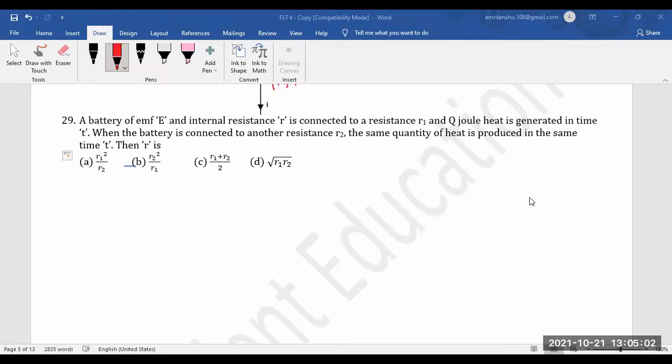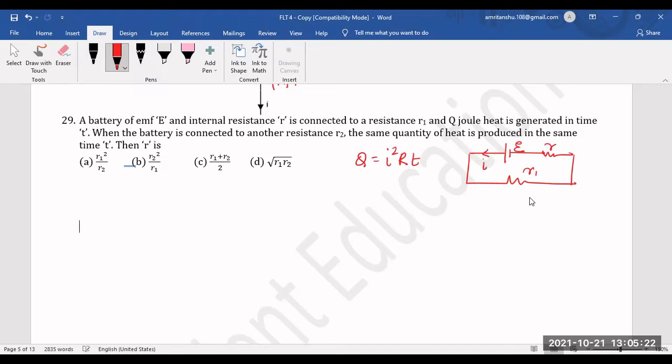In this question, we are supposed to calculate the heat generated. Heat generated is Q joules, given by I square RT. Now let's say I have a battery of EMF E with some internal resistance R and an external resistance R1.